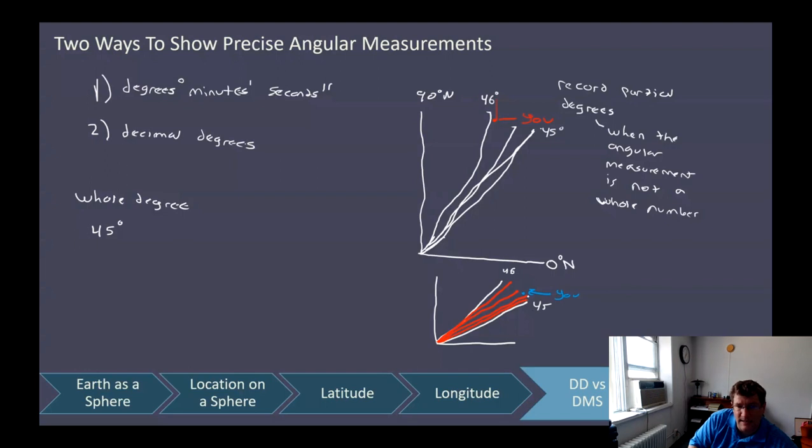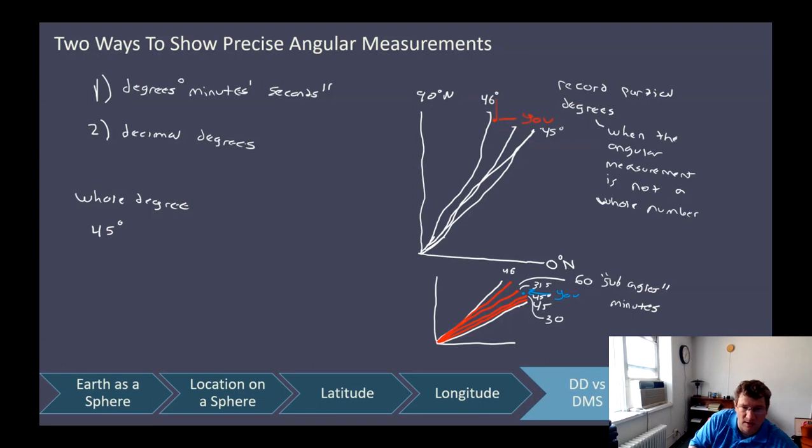We add 60 subangles, I'm going to put subangles in quotes, between 45 and 46 in this case. This would be 45 degrees, that's the whole degree, and this one might be 30 subdegrees in, and this would be 31 subdegrees in. We call this first subdivision minutes.